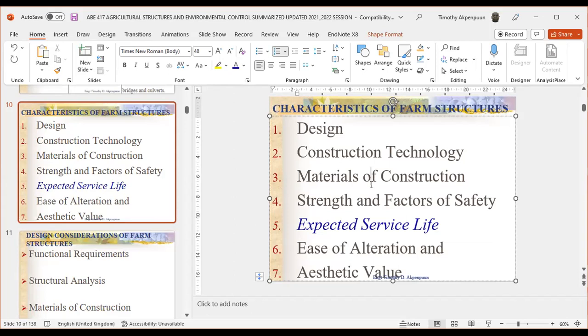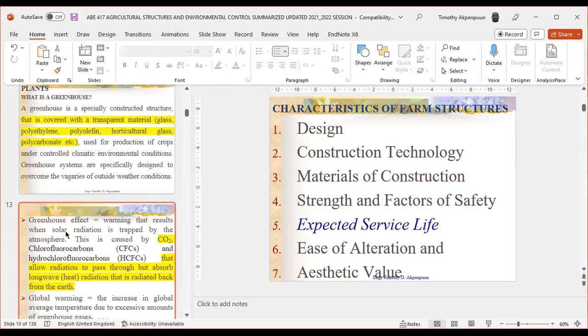Ease of alteration. After getting back his money and making some profit, does he want to now change that structure for something else? Or does he still want to continue with that same farm activity, and then aesthetic, which is beauty, right?